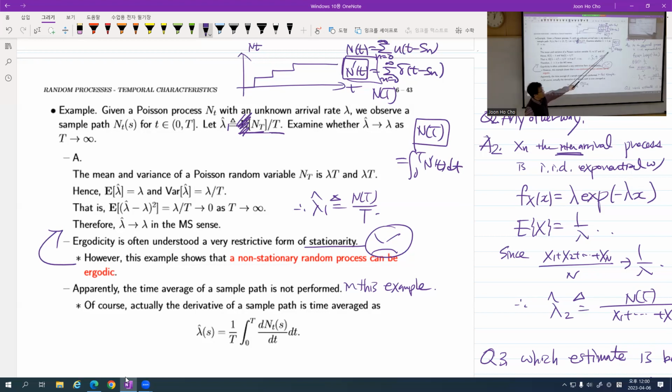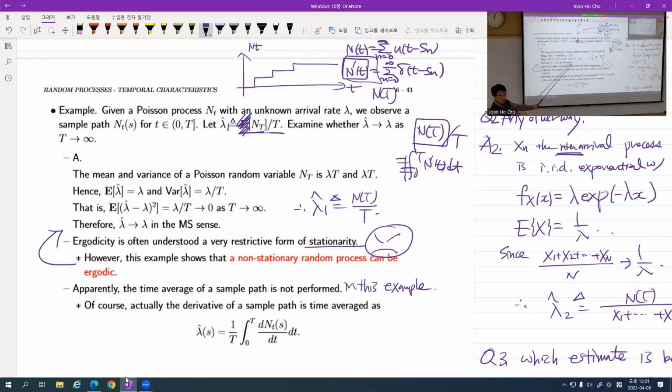We integrate over time. If you scale this by t, this is a time average over the signal. So people's conventional wisdom that ergodicity is about linking time average and statistical average seems okay, even in this example.